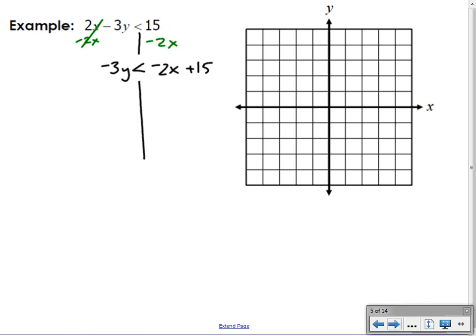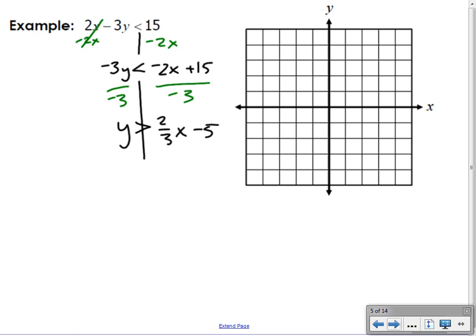Now, to get y by itself, we're dividing everything by negative 3. Now, keep in mind, we said that if we're dividing by a negative number, we're going to have to flip our symbol over. So now we have y is greater than 2/3 x minus 5. So we have our linear inequality. It's in slope-intercept form, and we can graph.